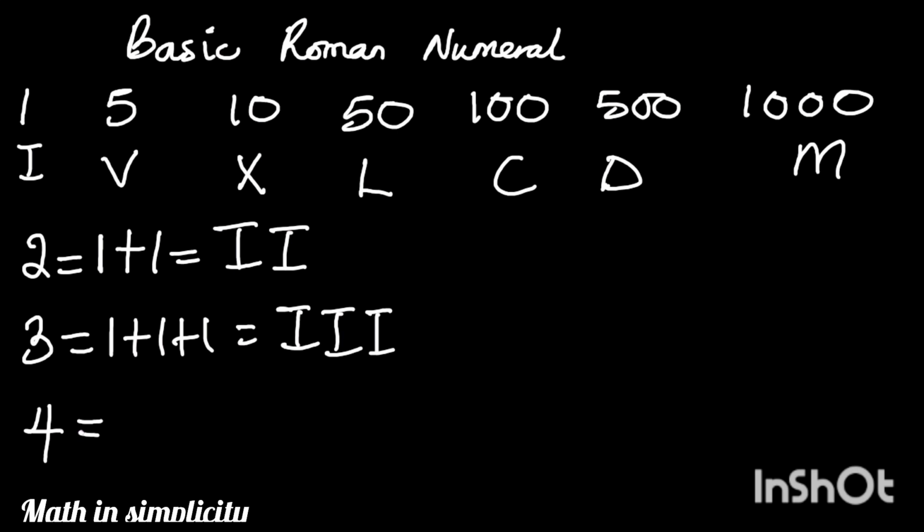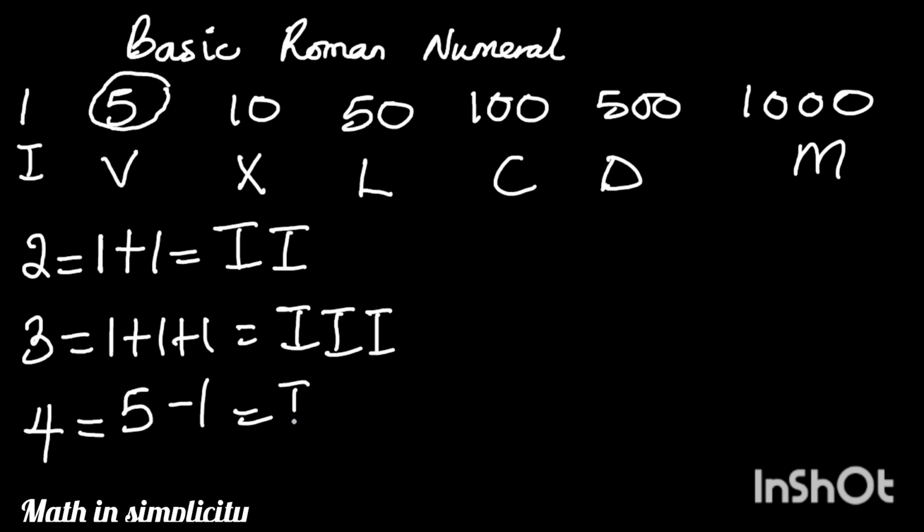Now you notice that 4 is exactly before a basic Roman numeral, which is 5. So whenever the number is exactly before, we are now going to subtract, not add. So I'm going to write out that 5. What will I subtract from 5 to give me 4? That's just 1. So 5 minus 1 is going to give us 4, and we're going to write it as IV.